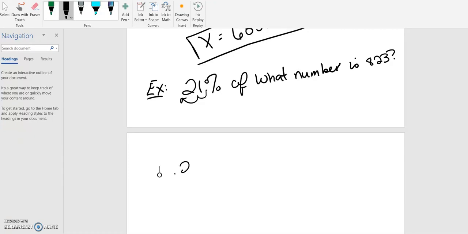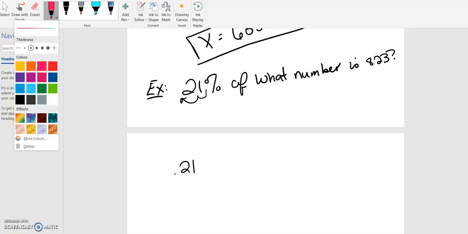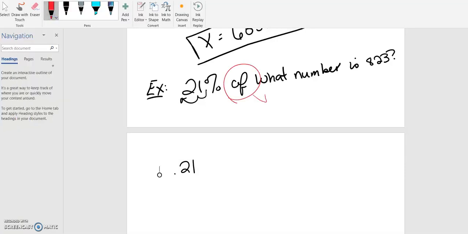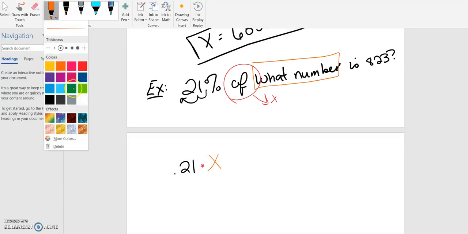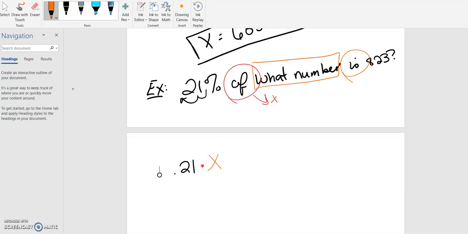So I get 0.21. Now, what does of mean? Of is going to mean multiplication, right? So 21% of what number? What number is my variable. So of what number, and is means equal. And then the number 823.